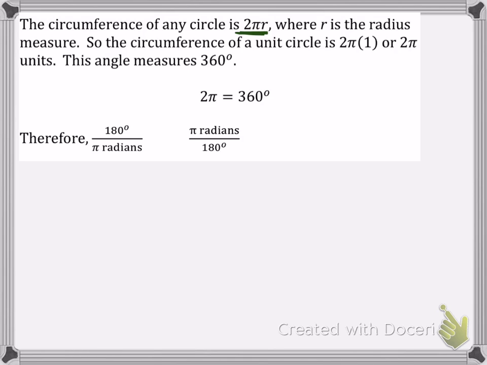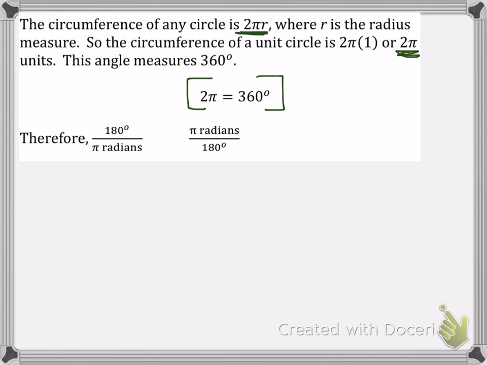So the circumference of my unit circle is just 2 pi, since my r is 1. This angle measures 360 degrees because every circle is 360 degrees. Therefore, 2 pi equals 360 degrees. Therefore, I know that there are 180 degrees in pi radians.